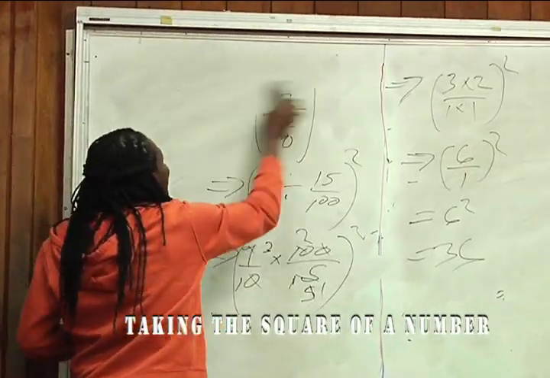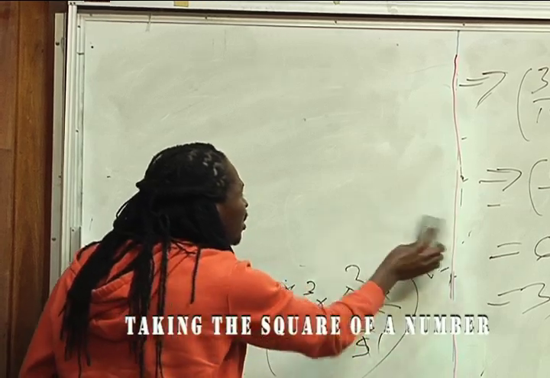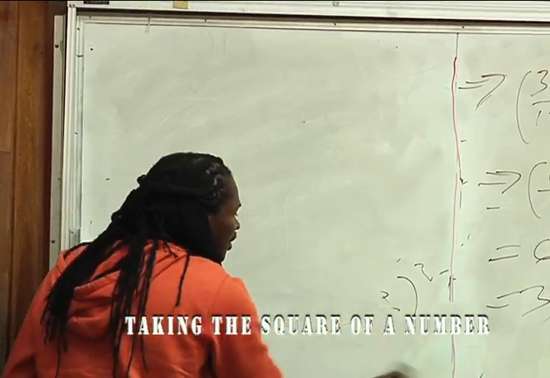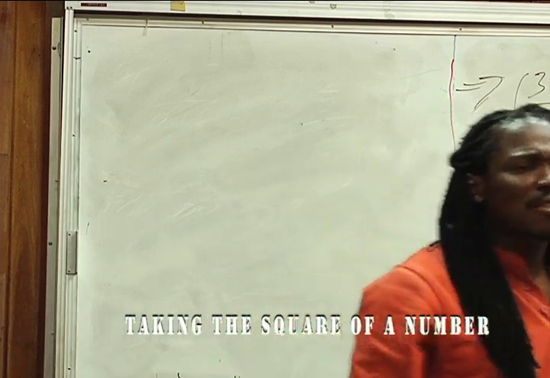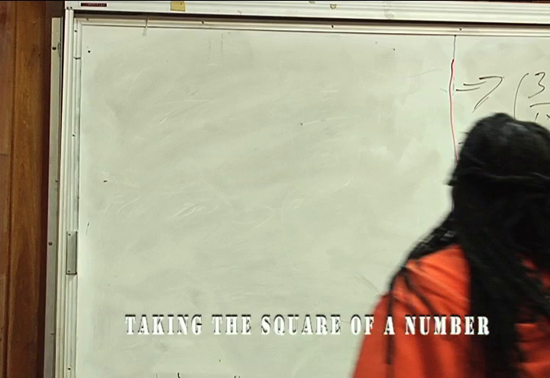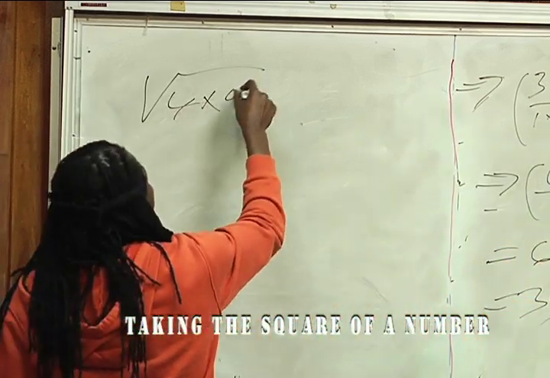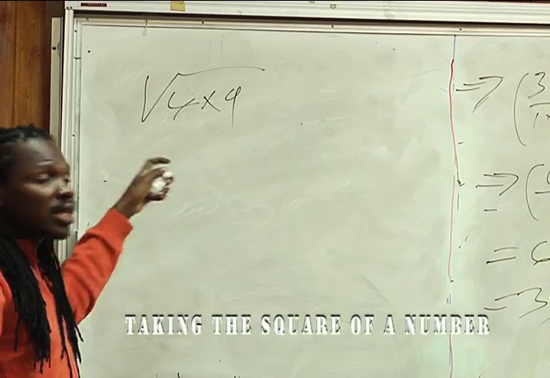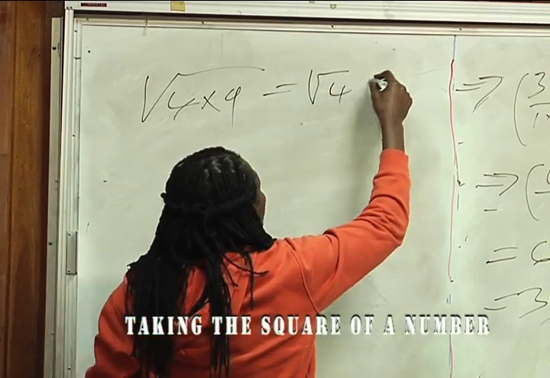So when I go up on a speech, I just ask, do you know that the square root of a product is the product of the square roots? Watch it now. The square root of a product, 4 times 9, is equal to the product of the square roots.